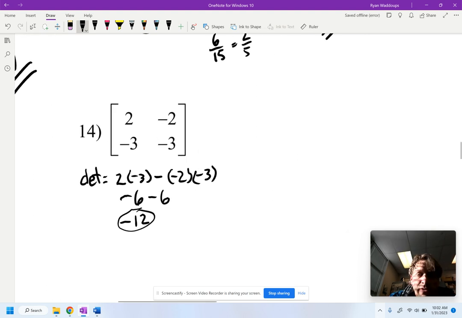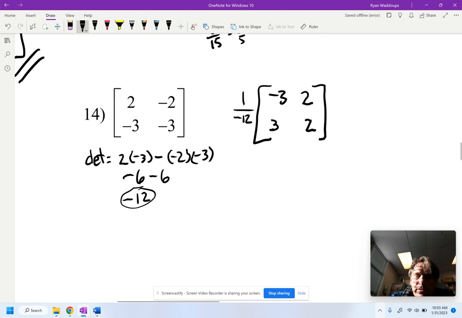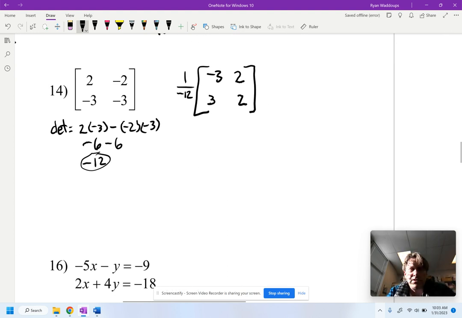So there's our determinant. Then to get the inverse, we take 1 over negative 12 times, switching these numbers up a little bit here, 2 and negative 3 become negative 3 here and 2 down here. Your negative 2 becomes positive 2, and your negative 3 becomes positive 3. Then we multiply them out. And I think here it'd probably be easier to just show.